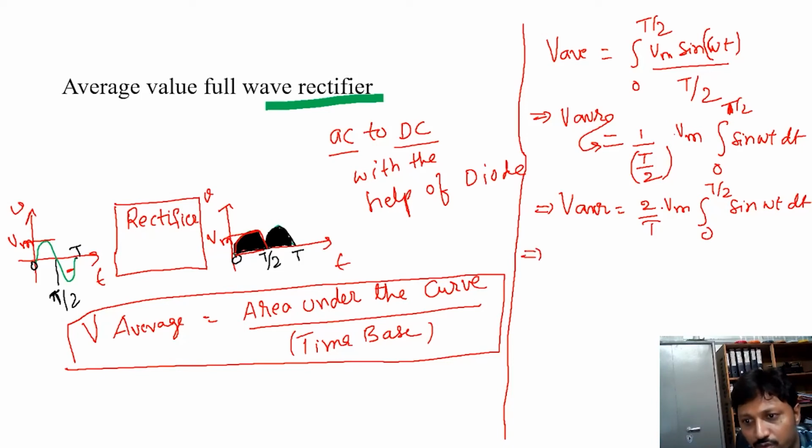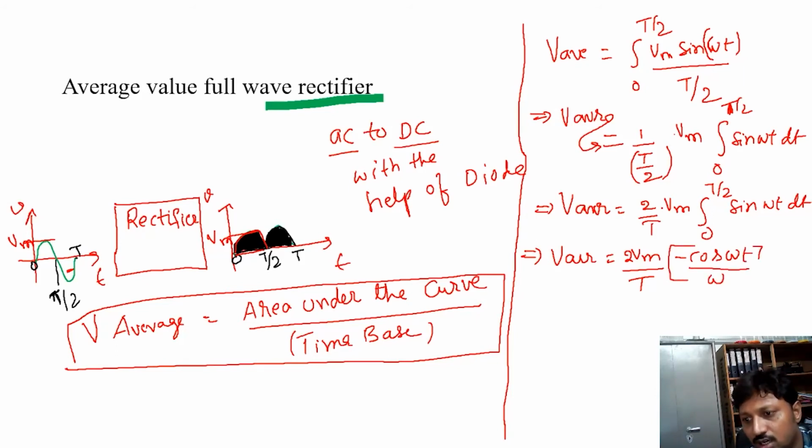So now V average is equal to Vm 2 by T, and the integral of sine omega t is minus cos omega t by omega.